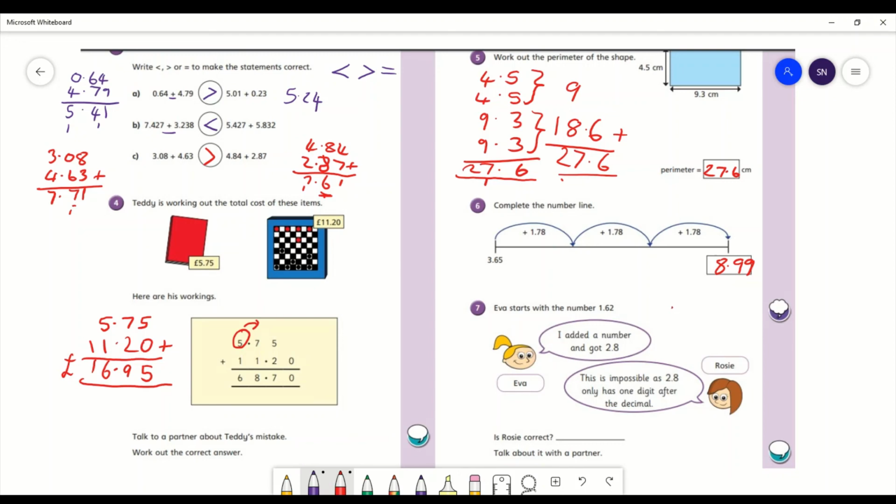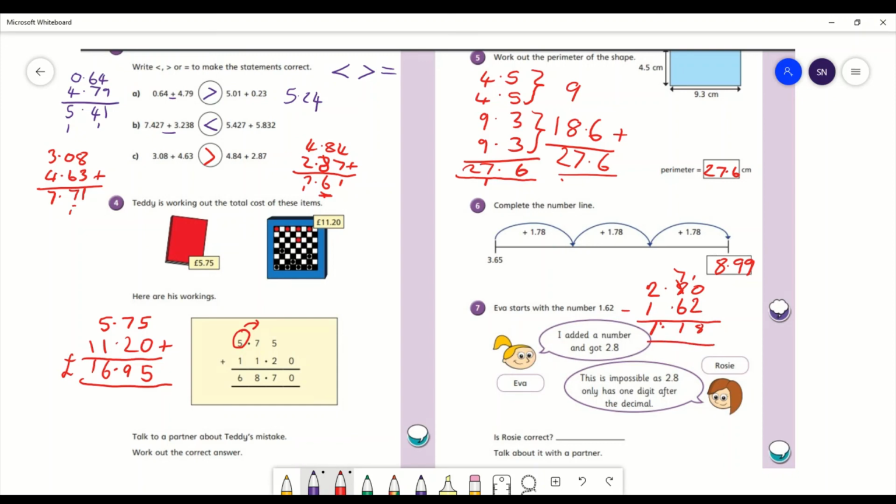Eva starts with the number 1.62, and adds a number and gets 2.8, so she's going to need the inverse. So 2.80, and I'm subtracting £1.62. 0, take away 2, well, going to need to exchange. 1.18.